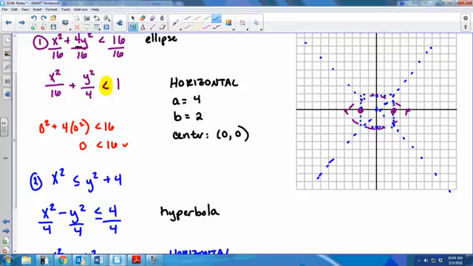And those are there to help us figure out how wide those branches are going to be. It's a horizontal hyperbola, so now I can draw in the branches. They hug the asymptotes and go through the vertex.